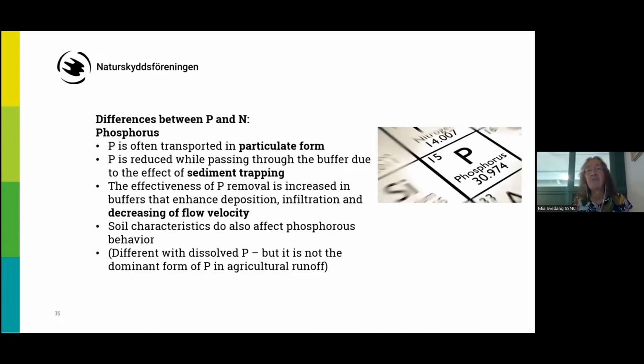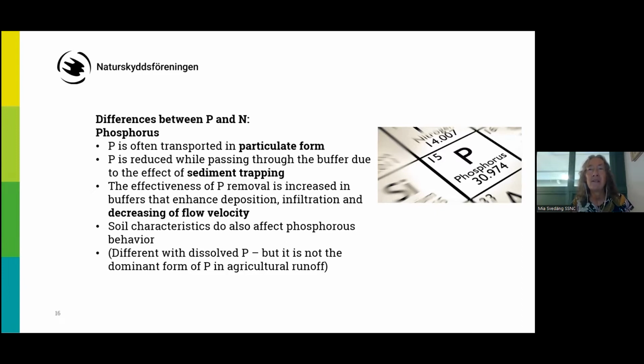And there are some differences between phosphorus and nitrogen. If we are looking at phosphorus first, phosphorus is often transported in particulate form. So it's transported on little particles, and phosphorus is reduced while passing through the buffer due to the effect of sediment trapping.